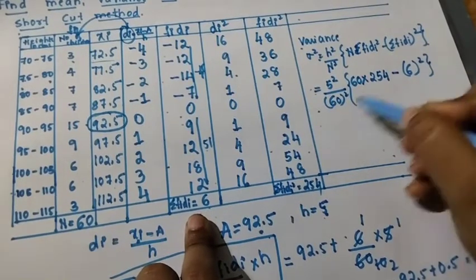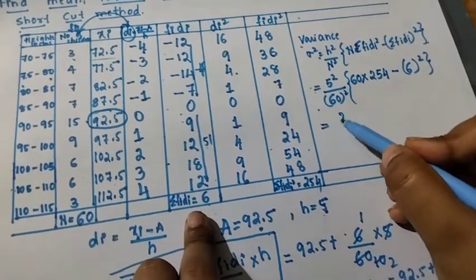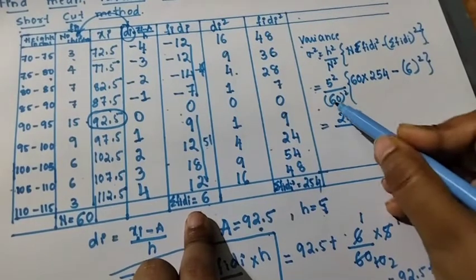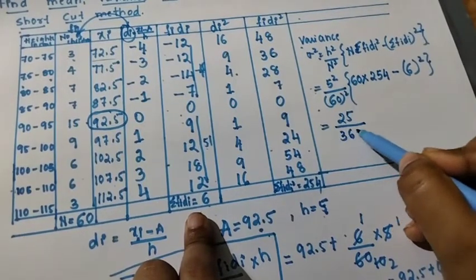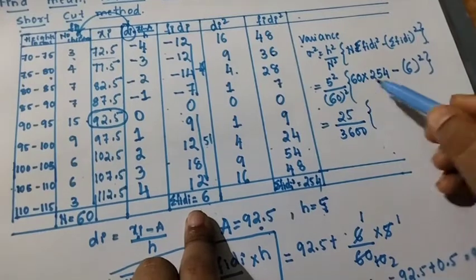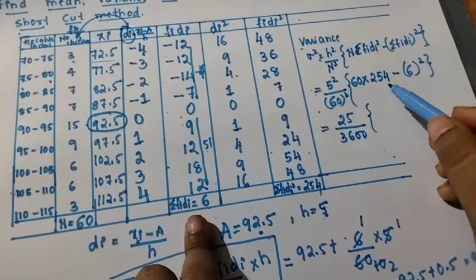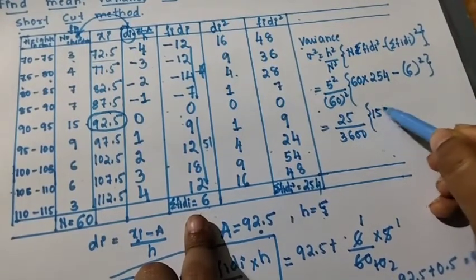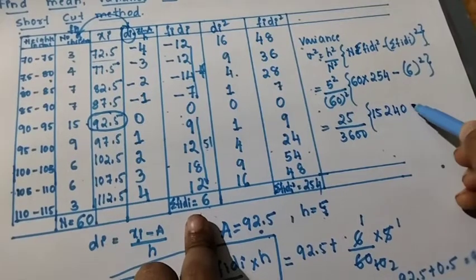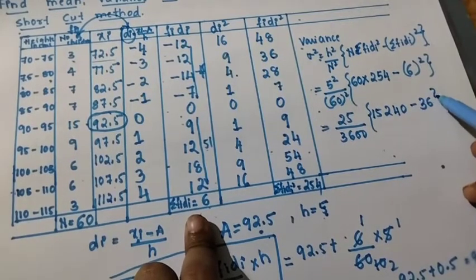So substitute all the values. 5 square is 25 divided by 6 square it is 3,600. 60 into 254 is 15,240 minus 36.